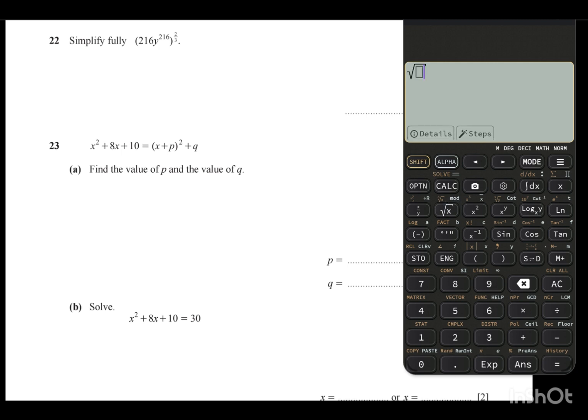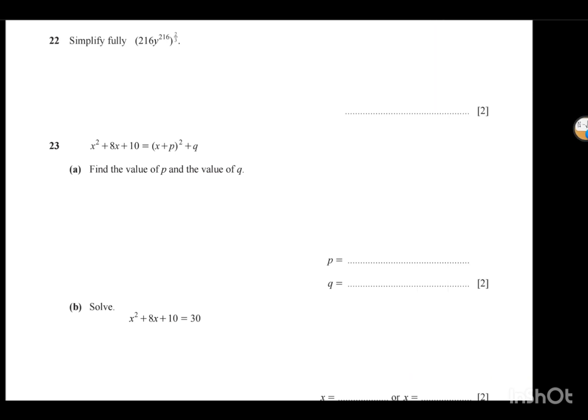The cube root of 216 is 6, so I can write 216 as 6 cubed. You can bring the power 2 by 3 in the next step. Now multiply the power separately to each coefficient and variable.